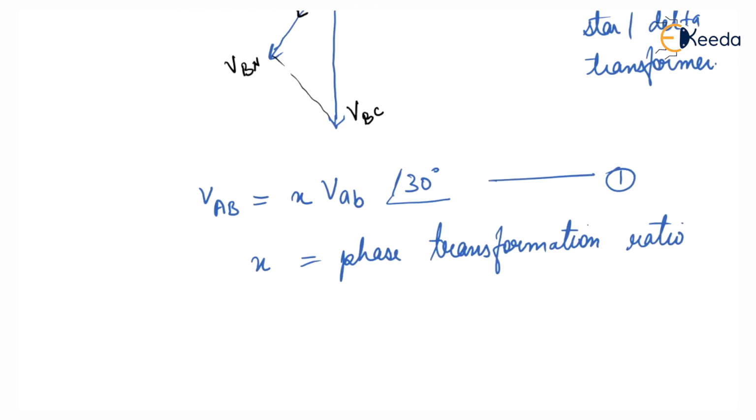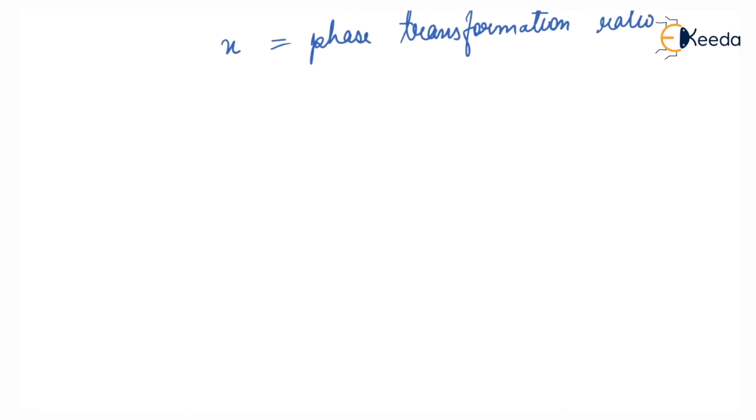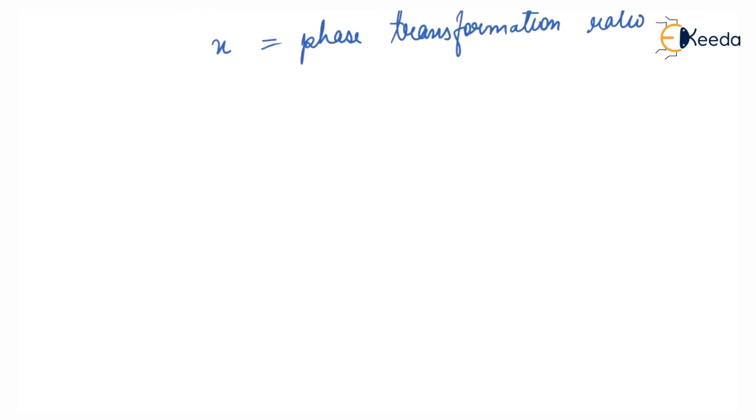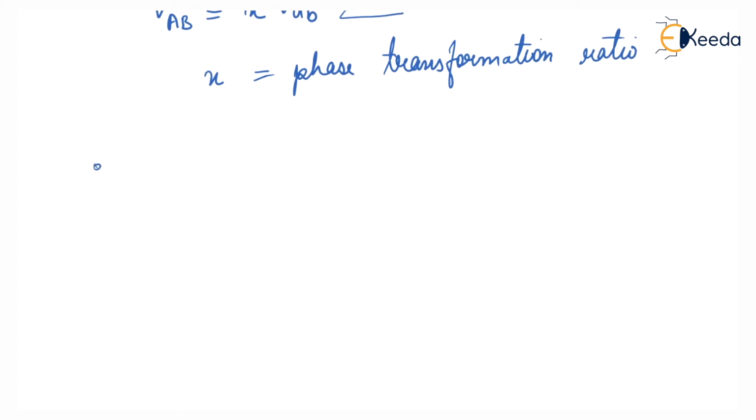And the same also applies for the current. Now if the delta side is connected, the phase shift reverses, meaning the delta side quantity leads the star side quantity.